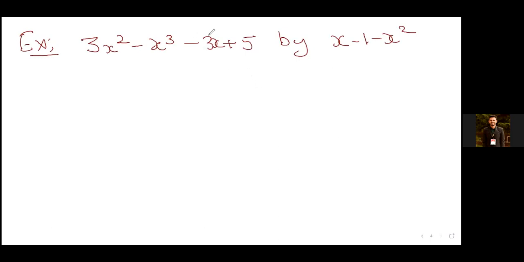You can see these are not in the regular order, the general form. X cube is here, x square is here. Also here you can see x square is written in the last. X is written here. For that, what we need to do is just rearrange the terms.